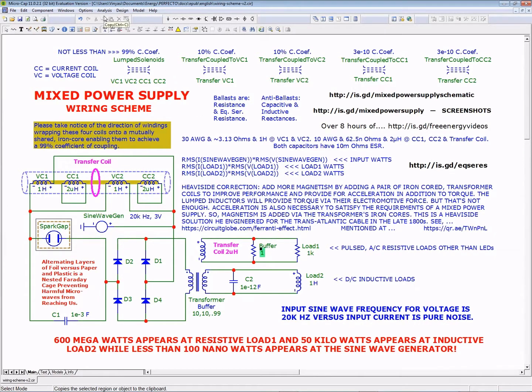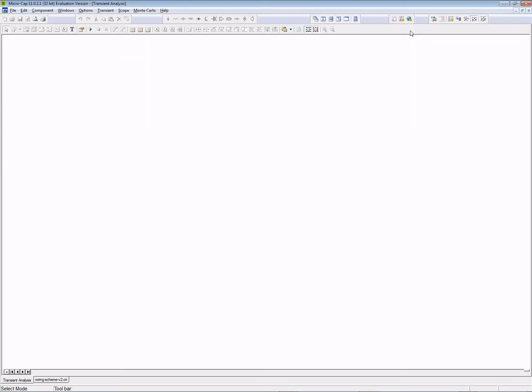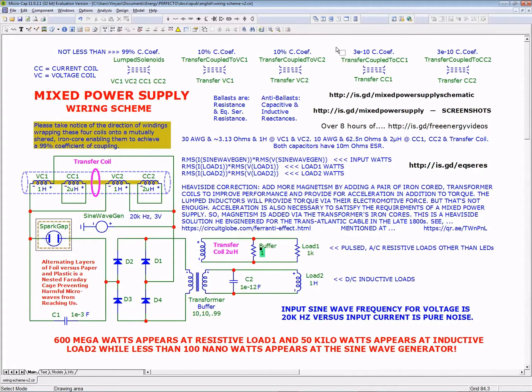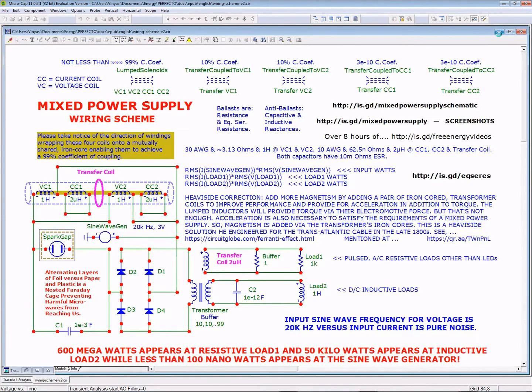And let's see what kind of 100 milliseconds. Okay. Let's see. So what shall we measure? Let's measure the buffer. The buffer is what we're looking at. I believe that's what it is.